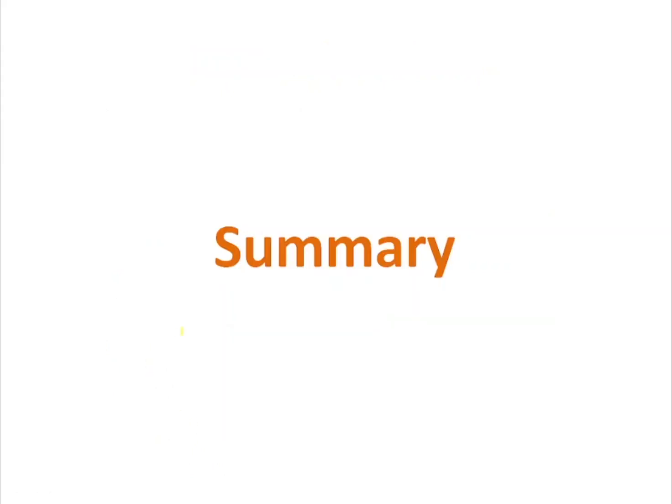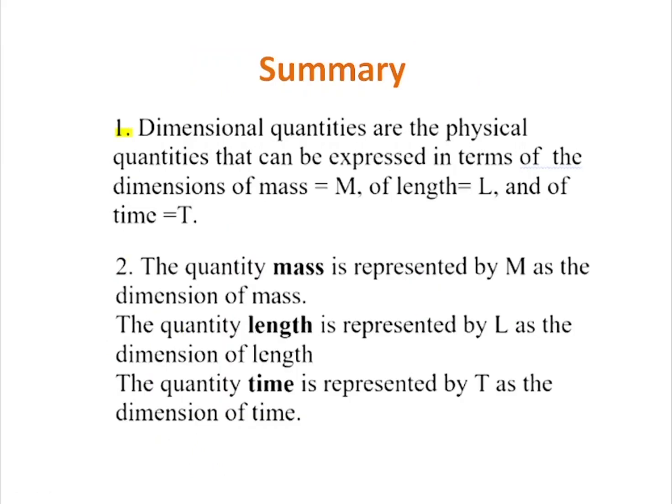Summary. Dimensional quantities are the physical quantities that can be expressed in terms of the dimensions of mass, M, of length, L, and of time, T. The quantity mass is represented by big letter M as the dimension of mass. The quantity length is represented by big letter L as the dimension of length.